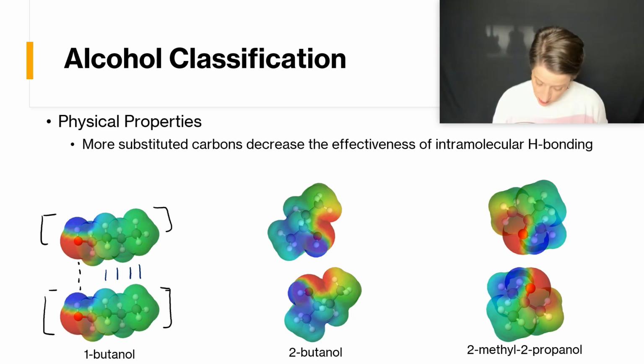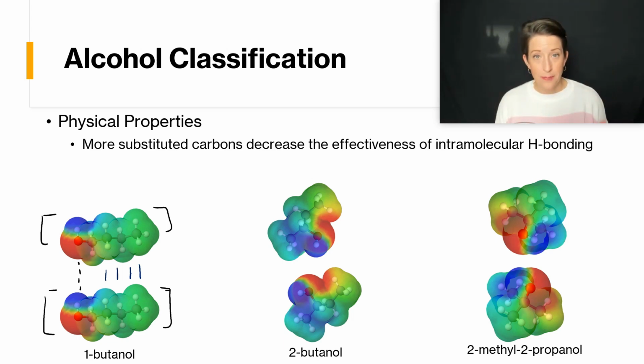As we go to 2-butanol, that red and blue polar end is a little bit more diffuse. It looks bigger, but they can't really interact as closely or as tightly as we saw with our primary alcohol. So we have a little bit of interaction that can occur in that polar group, but what we're lacking is the ability of the nonpolar areas to interact to create those dispersion forces, therefore weakening the attraction between the two molecules of 2-butanol.